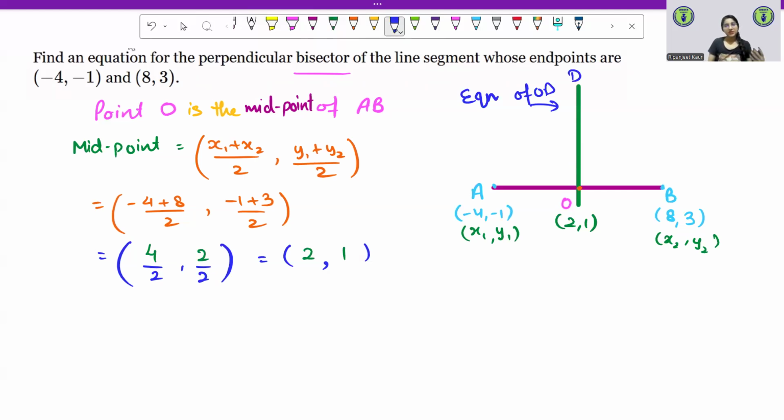For finding the equation of OD, we have the slope-intercept form y equals mx plus b, and we have the point-slope form also, but for that we may require another point, right? If we want to use this, then we will need to know the slope of this line. What is the way we can find the slope of the green line?